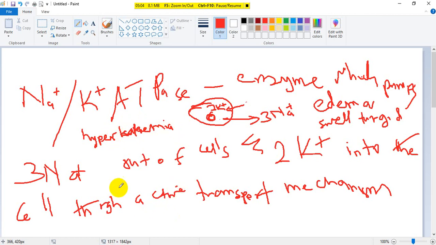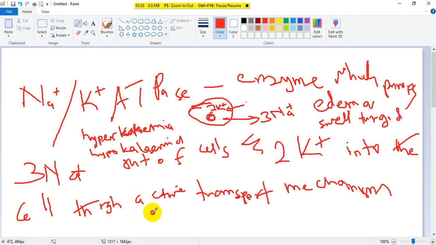But low serum, plasma or blood potassium level is called hypokalemia. This one too is not good. They are both not good. So it has to be normal kalemia, or normal potassium level.